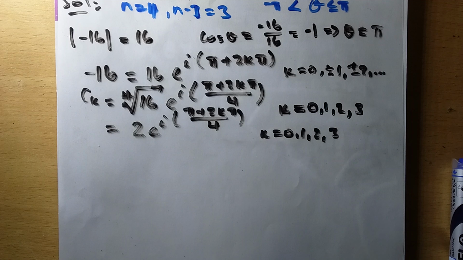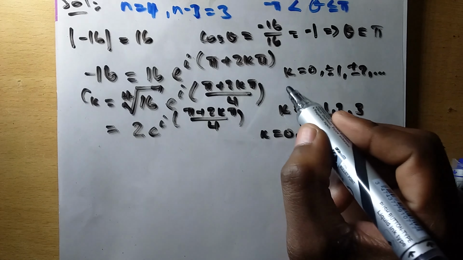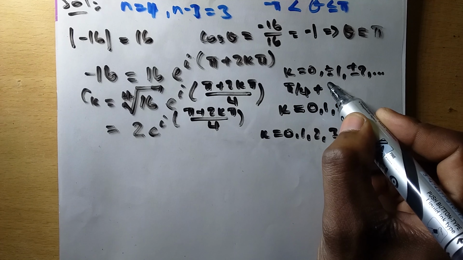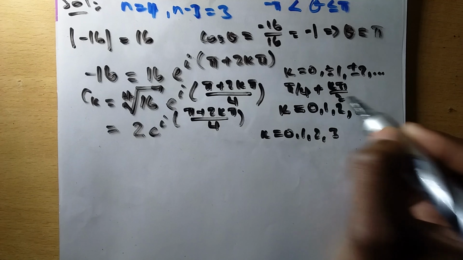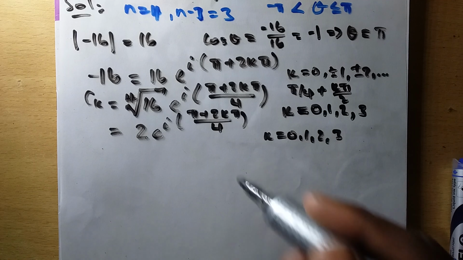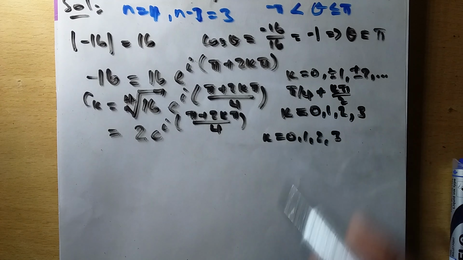Now this is just our general equation. We haven't done anything, but somebody else might love to write this as pi over 4 plus k pi divided by 2. It's the same thing, right? If you choose to write it like this, it's still fine.